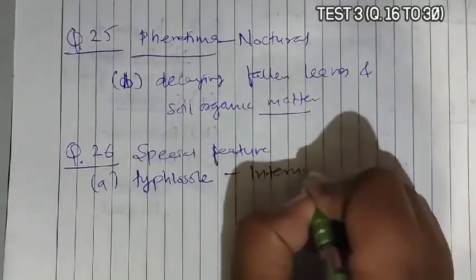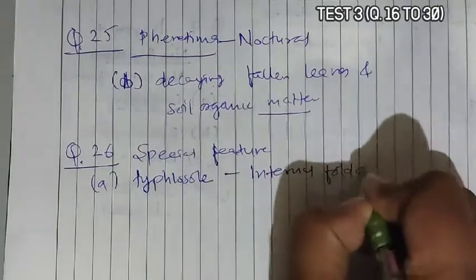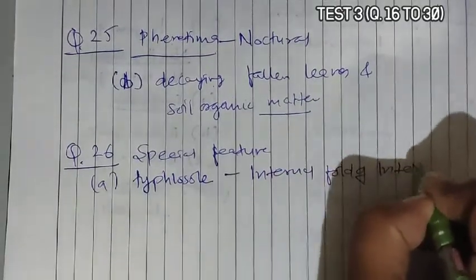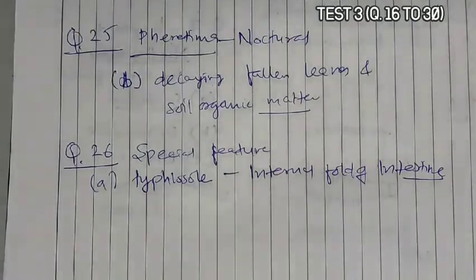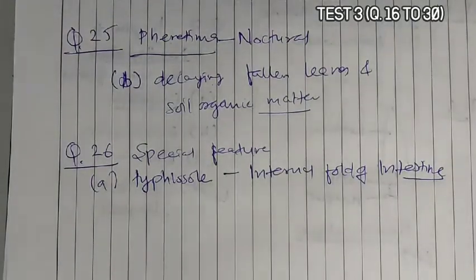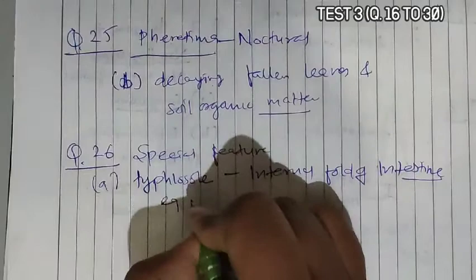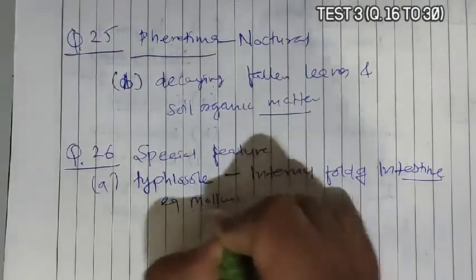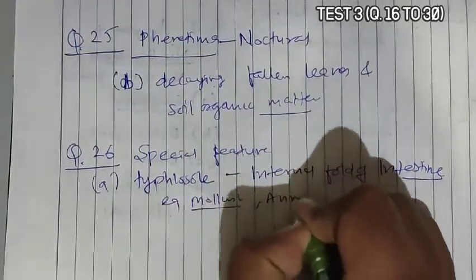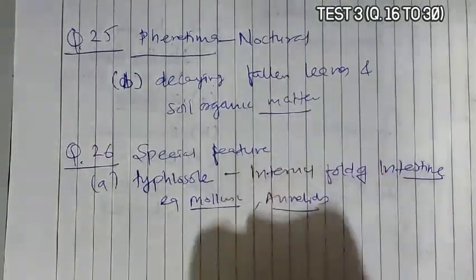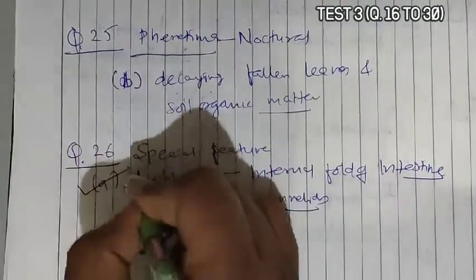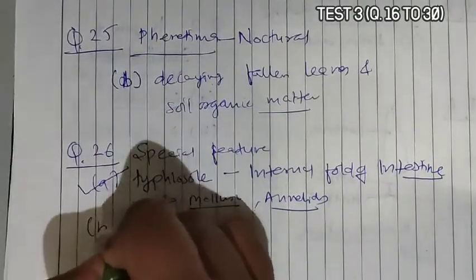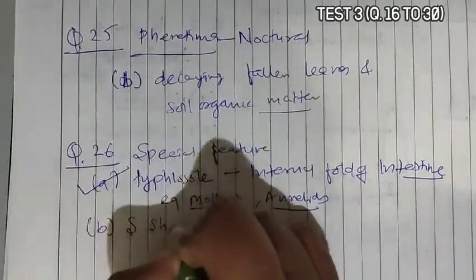The examples for this are the mollusks, annelids, and echinoderms. These are also found in case of earthworm, and that is also one of the important features, so A is the correct one.